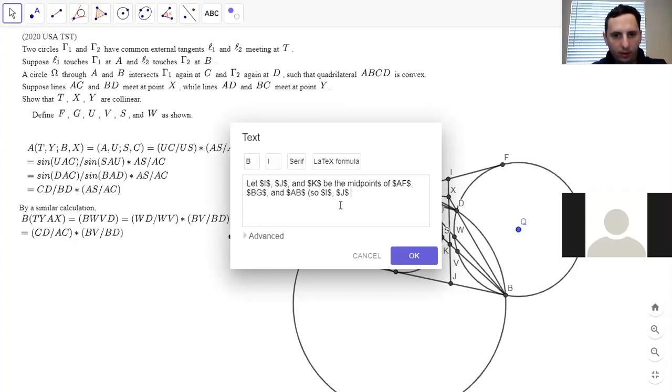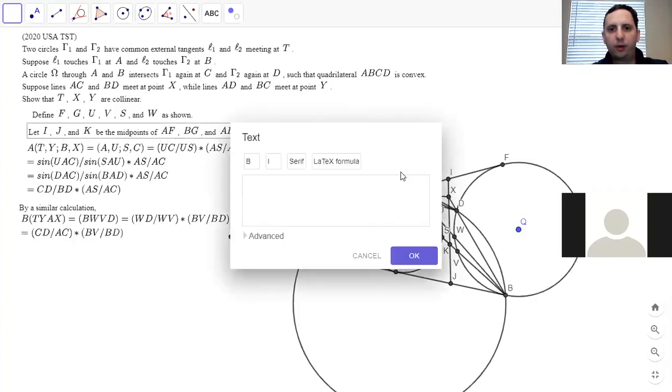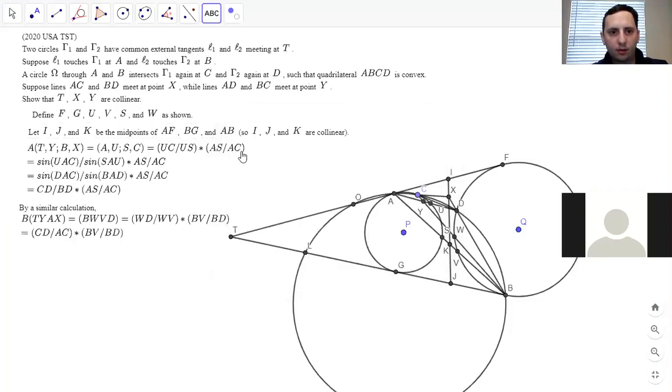So I, J, and K are collinear. And then IJ is the radical axis.